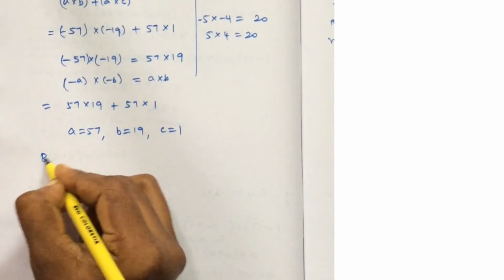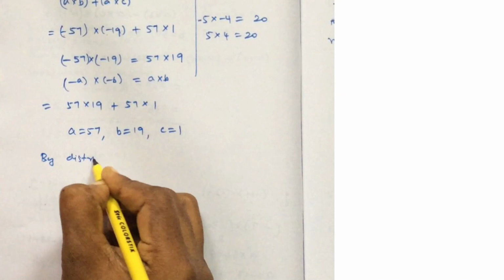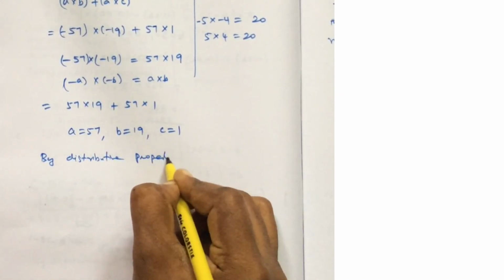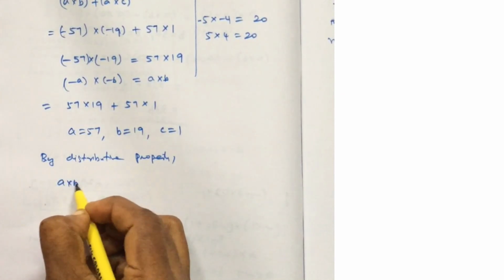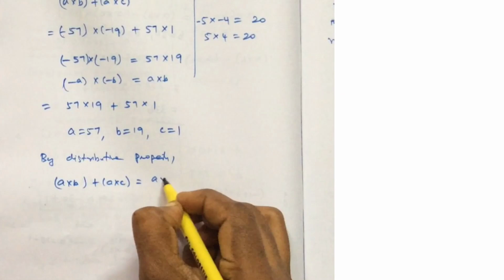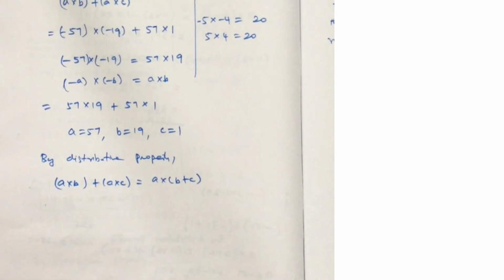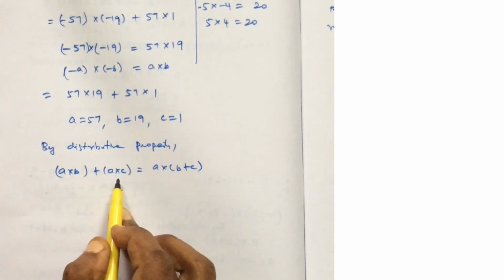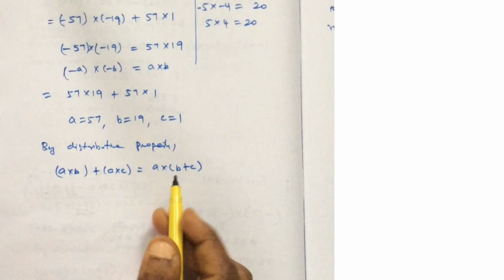By distributive property, what is a multiplied by b plus a multiplied by c? It is a multiplied by b plus c. Okay, now from the question we came to this format, and now I have to change to this format.